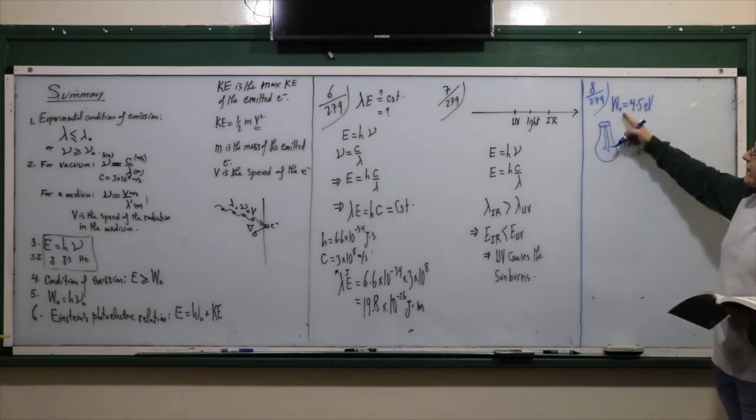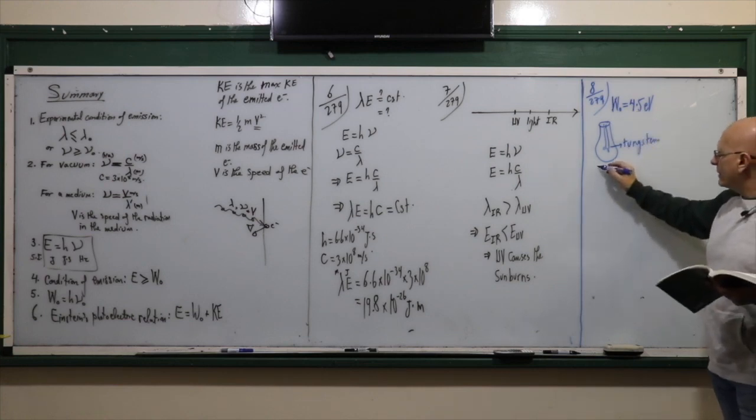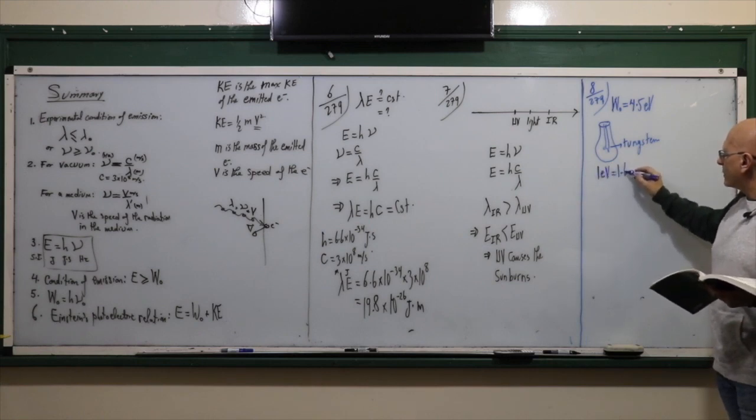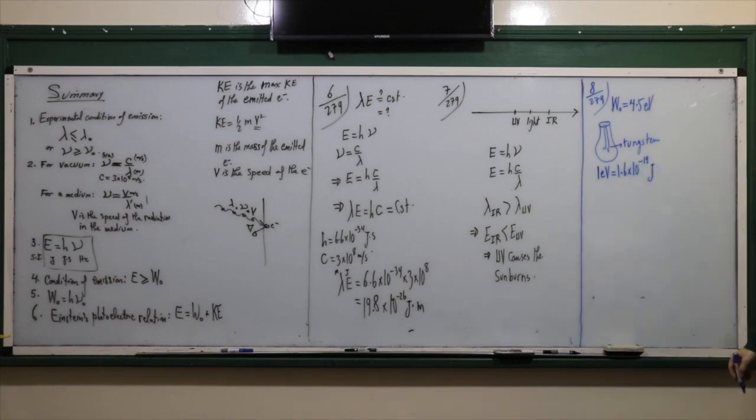It says that the work function of tungsten is 4.5 electron volt, and I'm going to write 1 electron volt equals 1.6 times 10 power minus 19 joule. What should be the maximum wavelength of an incident radiation capable of producing photoelectric effect?